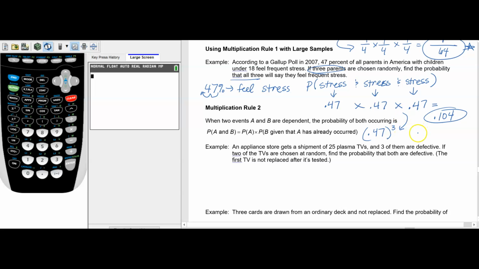That's correct. What's not correct is doing 0.47 times 3. That does not work. That's 0.47 plus 0.47 plus 0.47. So you don't want to say 0.47 times 3. You can say 0.47 raised to the third power if you want to do a shortcut in your calculator. So let's look at multiplication rule number 2.